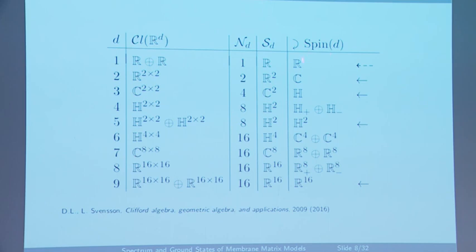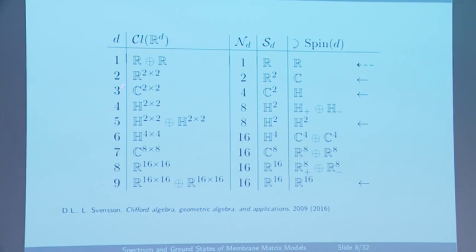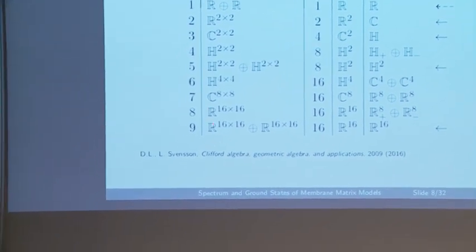And then on the right-hand side is what happens when you act, essentially how Spin(D) can be represented on these spaces. There is an additional splitting: either you have just an irreducible representation, or it splits into two, either different or the same representations. You can see here the special dimensions where you have this supersymmetry: for my label D here, it's the 2, 3, 5, and 9 cases.